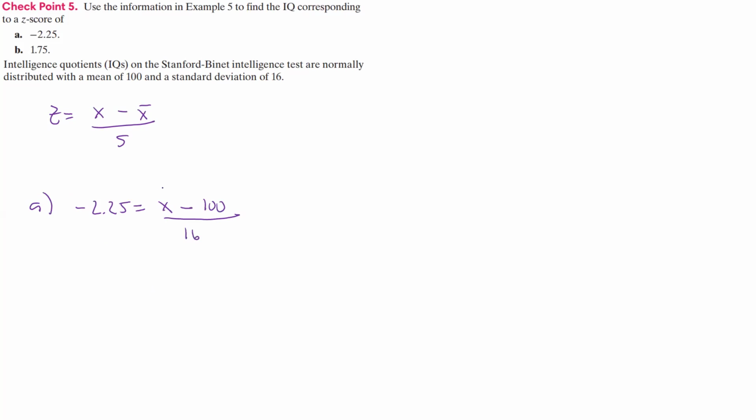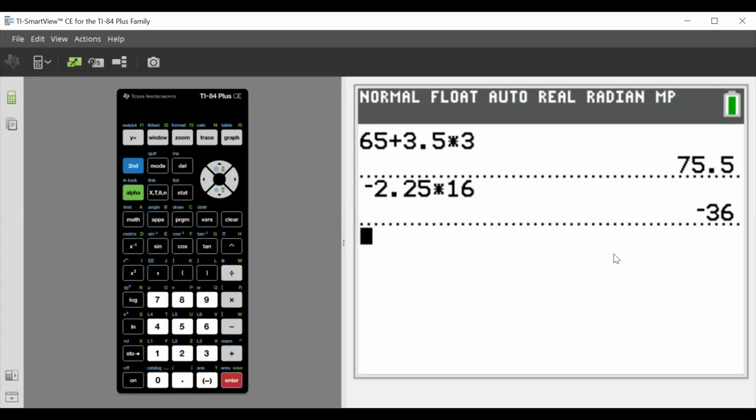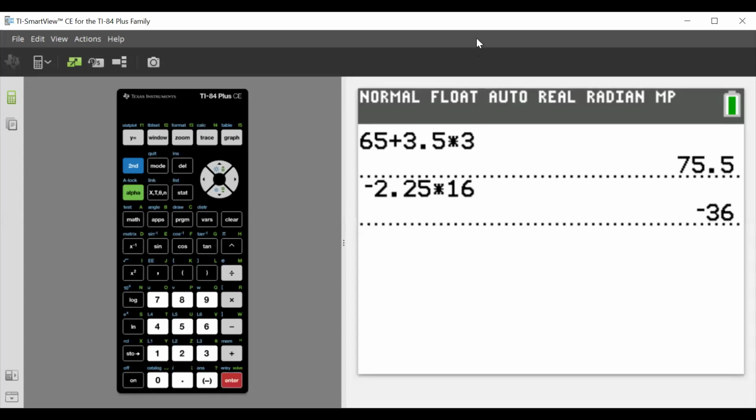So now we have to solve for x. So now you have to remember your algebra. I'm going to first multiply the whole thing by 16, because when I multiply this by 16, it cancels. So now I take negative 2.25 times 16, and I get negative 36.